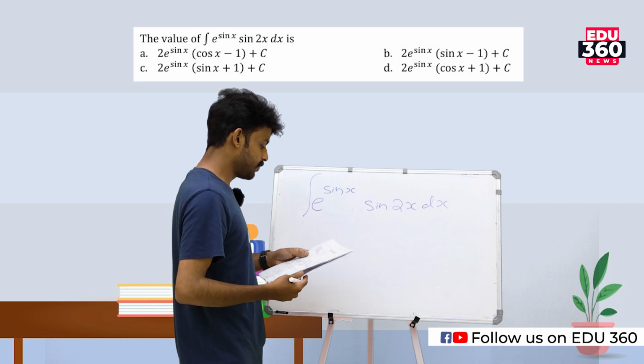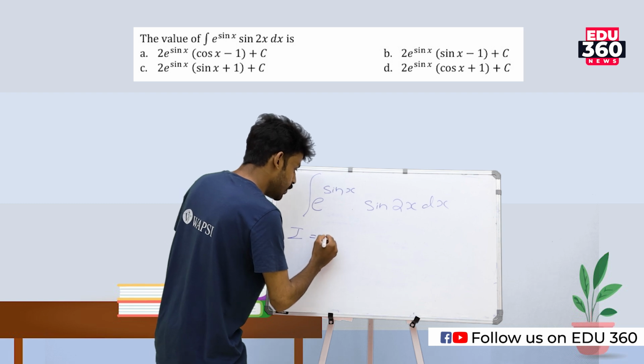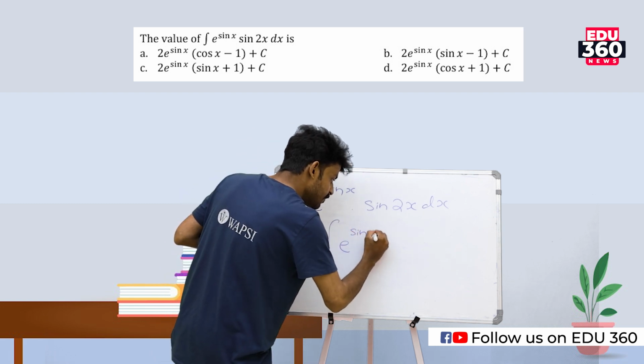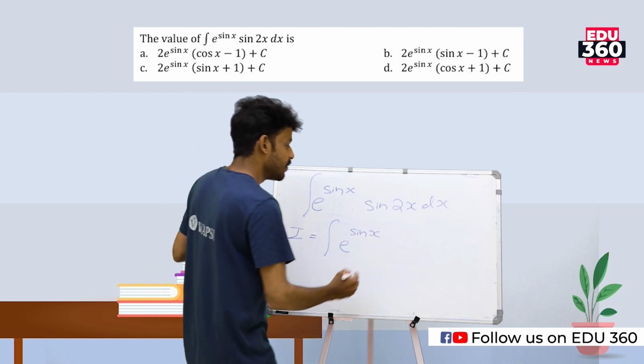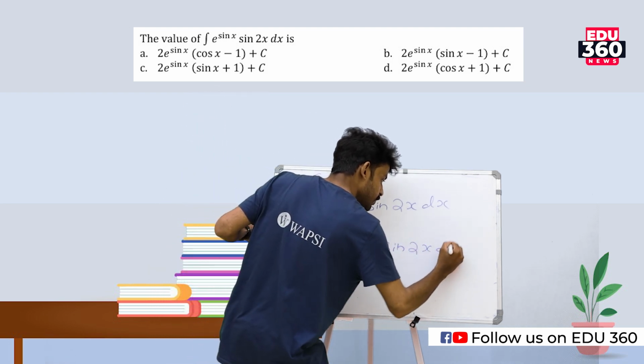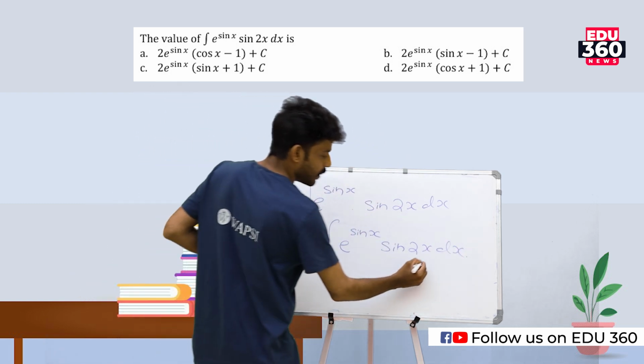For this one, first of all, we can write I is equal to the integral of e raised to sine x into sine 2x dx.